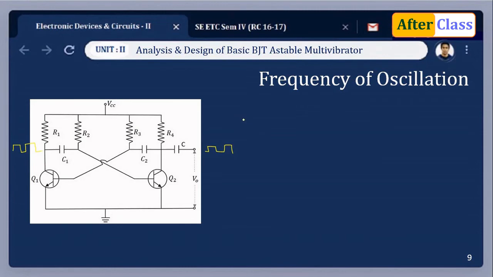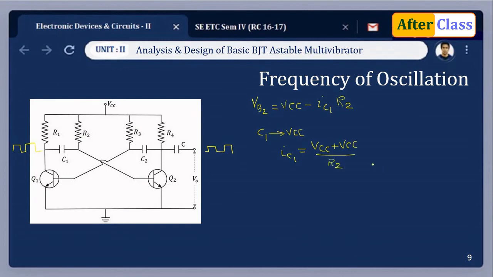So consider VB2 during discharge of C2. What we can write is VB2 equals VCC minus IC1 into R2. Since the capacitor C1 is charged up to VCC, the initial discharge current IC1 can be written as VCC plus VCC by R2.